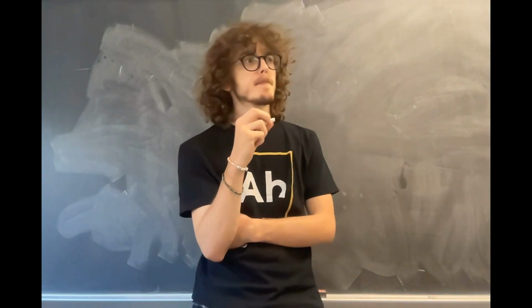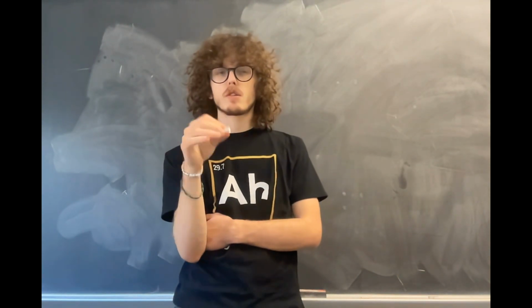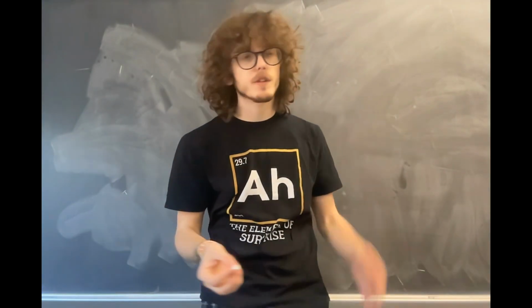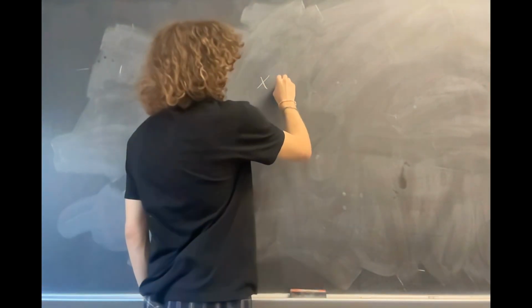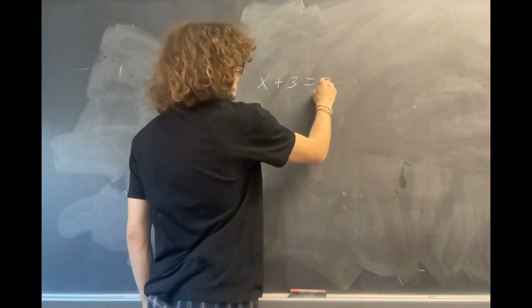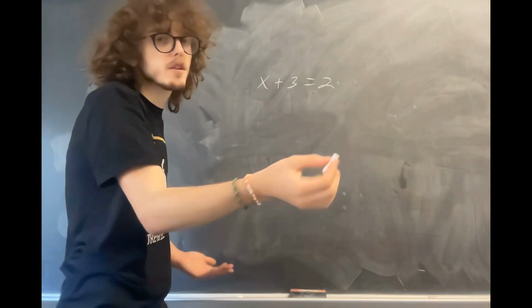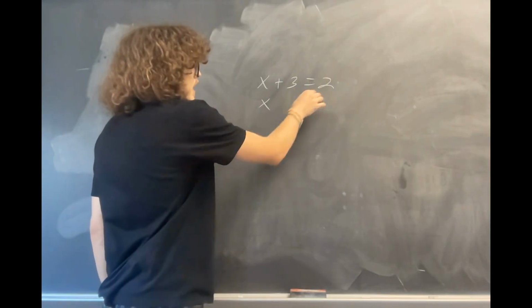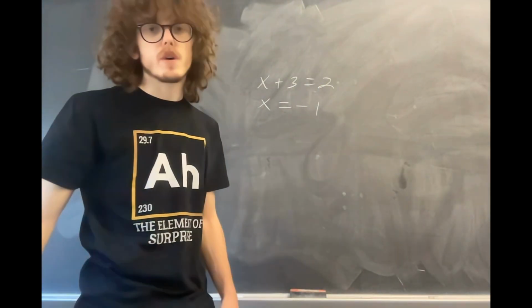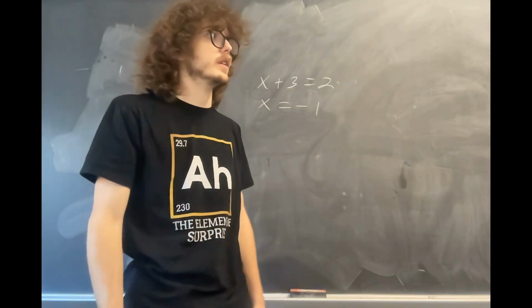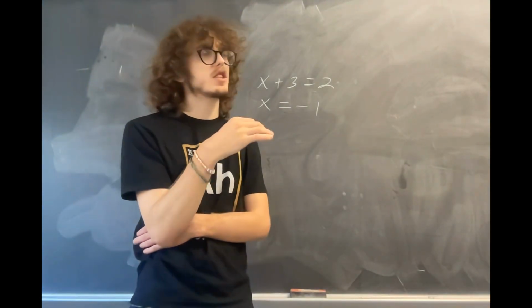There are a few prerequisites, you could say. One of them is just going to be a general grasp of algebra. Like if I gave you, for example, x plus 3 equals 2, what's x equal to, right? You would say, well, minus 3, x is equal to -1. If you can solve that, you're pretty much good. Substitutions, right?